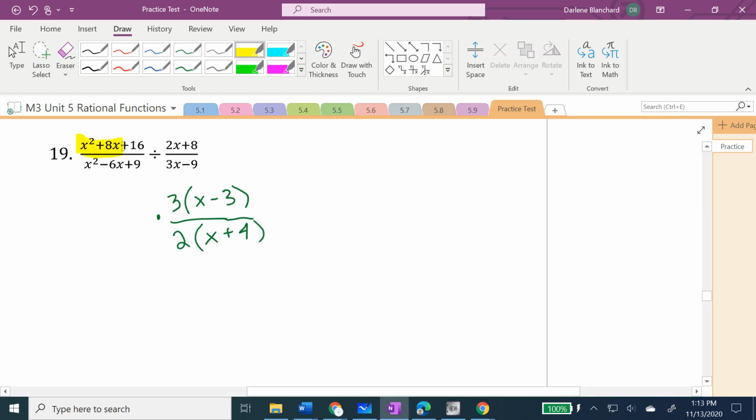Then I'm now focused on this numerator, and I am factoring that quadratic. So 2 numbers that multiply to make 16, and when I add them, I get 8. And what do you see?